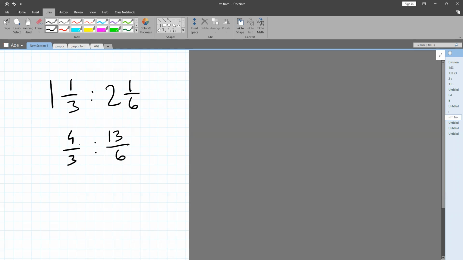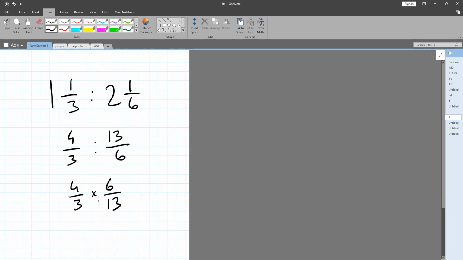That's why normally when we have a mixed number here, what I do first is convert them into improper fractions rather than doing the multiplication.